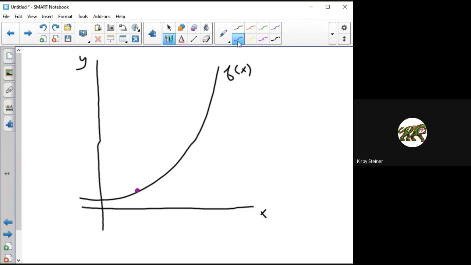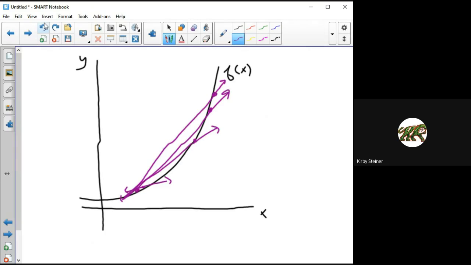Some secant line. All right, so we have one secant line here, but what if I keep making the distance smaller? If I make this distance really, really small, I can get the slope of the curve at each point of the curve.